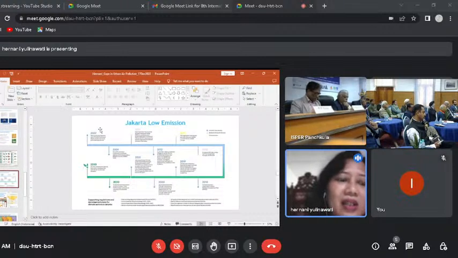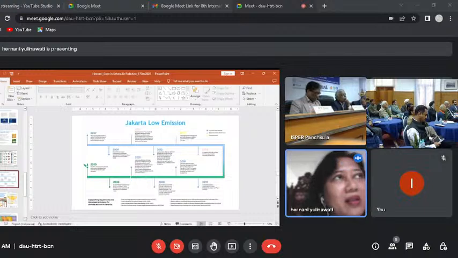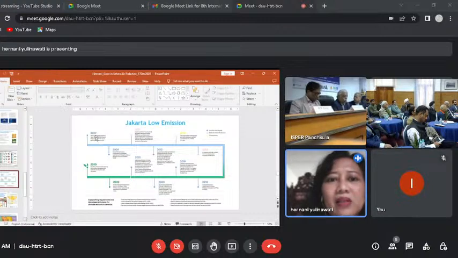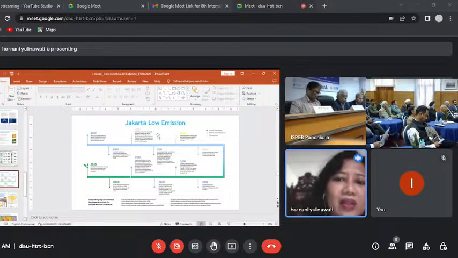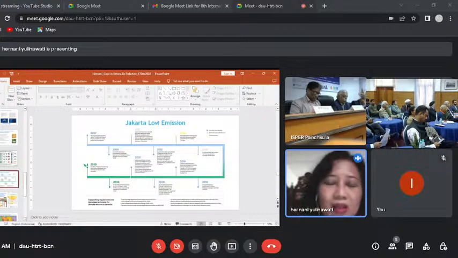And for Jakarta, I cannot get the similar things, but we have a plan, not for Indonesia as a whole, as right now it's focused on Jakarta. We have had a plan since 2007 and the plan runs until 2030. We call it the low emission plan.